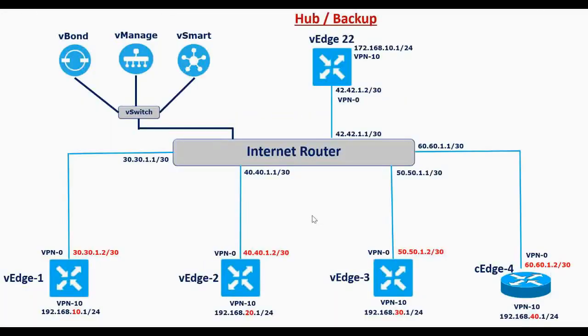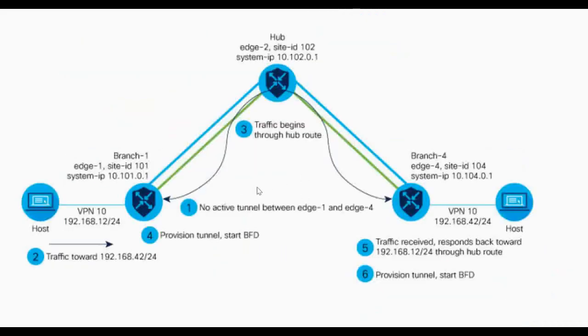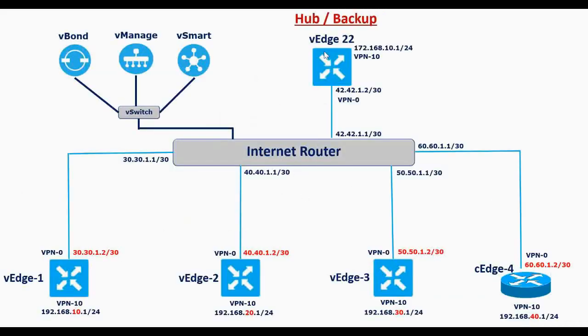With that we come to the end of the lab demo video about how to configure Cisco SD-WAN dynamic on-demand tunnels. Like how we saw in the sample topology, we made VH22 a hub backup router, and all other routers like VH1, 2, 3 and 4 as spokes, and we managed to configure on-demand tunnels between them.